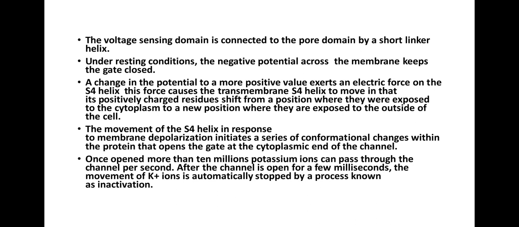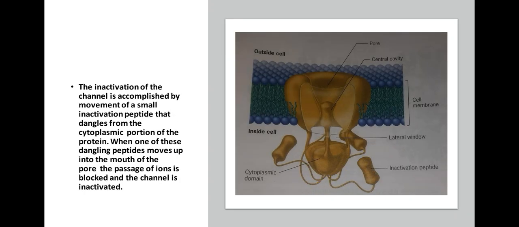Once opened, more than 10 million potassium ions can pass through the channel per second. After the channel is open for a few milliseconds, the movement of K plus ions is automatically stopped by a process known as inactivation. The inactivation of the channel is accomplished by movement of a small inactivation peptide that dangles from the cytoplasmic portion of the protein.